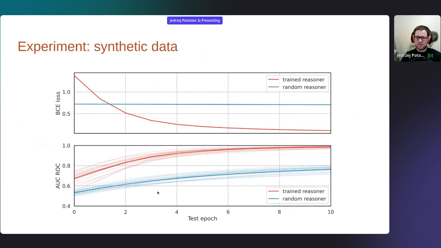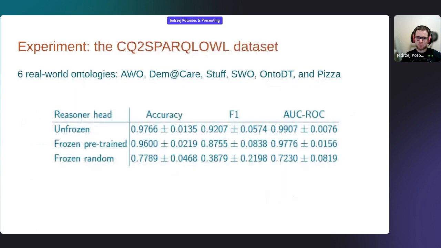And on the synthetic data, the trained reasoner clearly outperformed a random reasoner, so a reasoner which was only initialized and not trained. The trained reasoner achieved almost perfect AUC ROC even on knowledge bases it didn't see during the training.